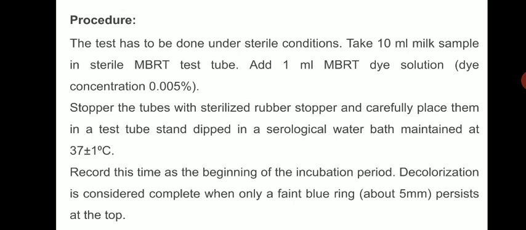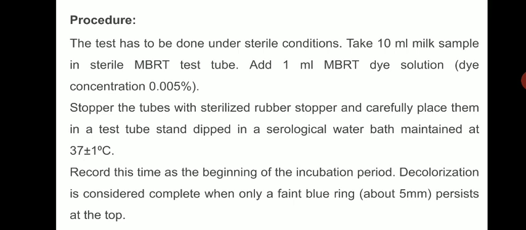Then stop the tubes with sterilized rubber stoppers and carefully place them in a test tube stand dipped in a thermostatic water bath maintained at 37 degrees Celsius. Record this time as the beginning of the incubation period, and decolorization is considered complete when only a faint blue ring about 5 mm persists at the top.